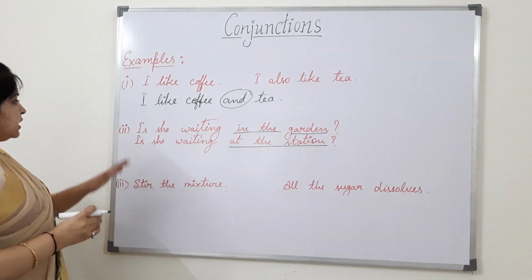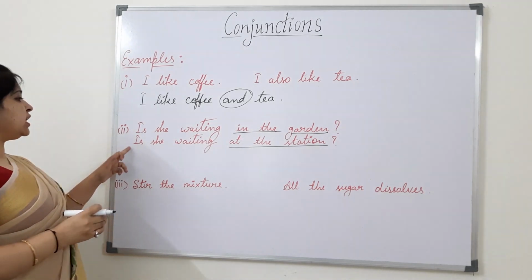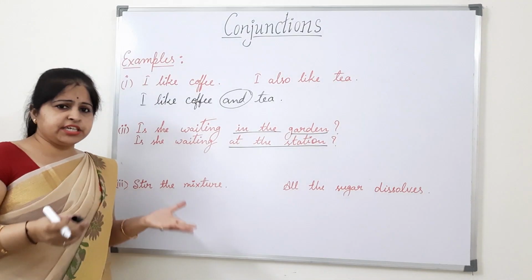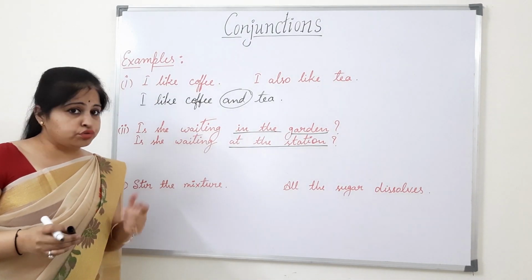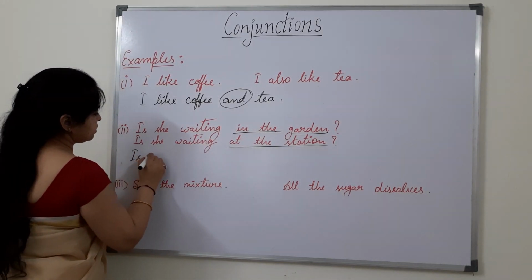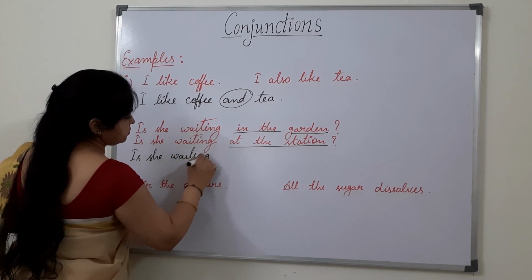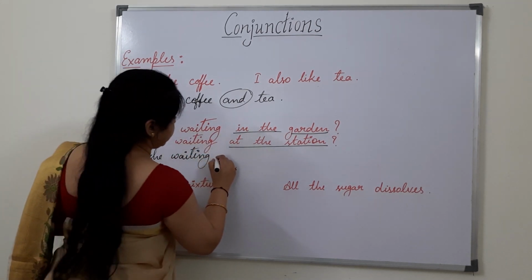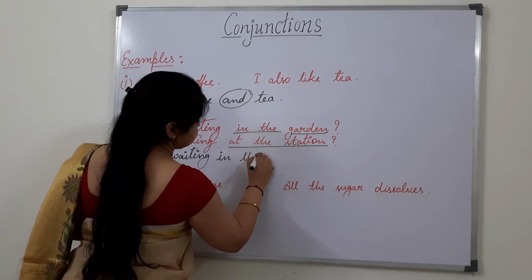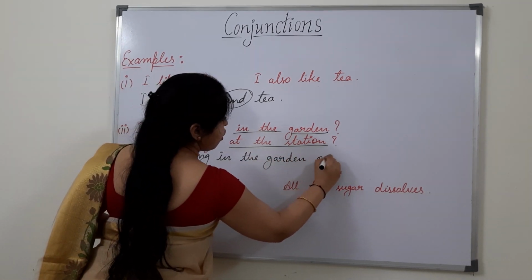Other example, is she waiting in the garden? Is she waiting at the station? How to join both of them? See, is she waiting in the garden or at the station?